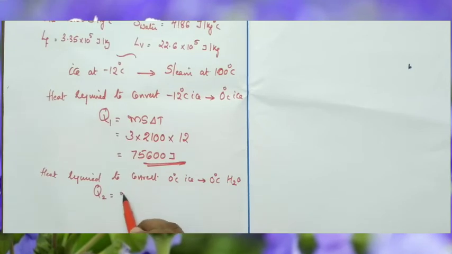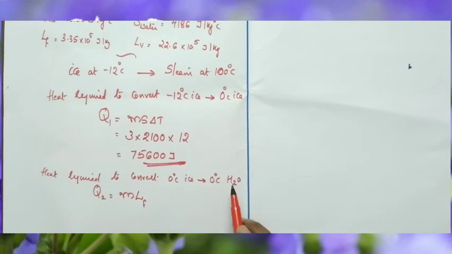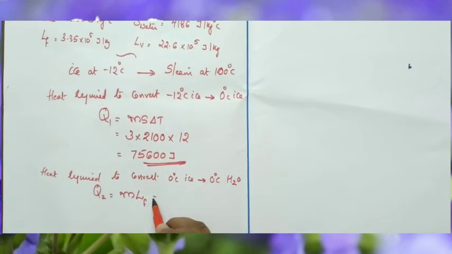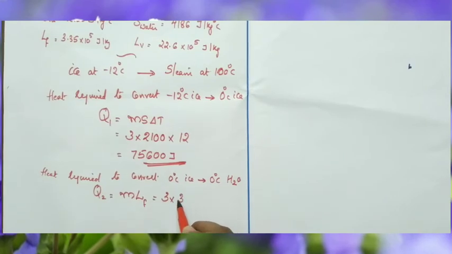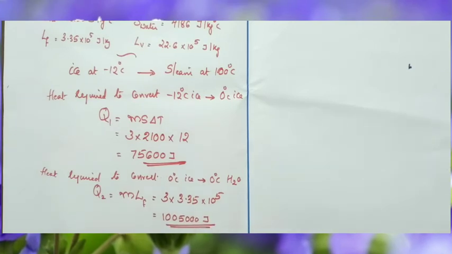So, the quantity of heat is given by Q equal to m L. Here ice to water, so L_F, latent heat of fusion, from solid state to liquid state. Substituting m equal to 3 kilogram, latent heat of fusion is 3.35 × 10^5, and the answer is 1,005,000 joules. This is the quantity of heat.